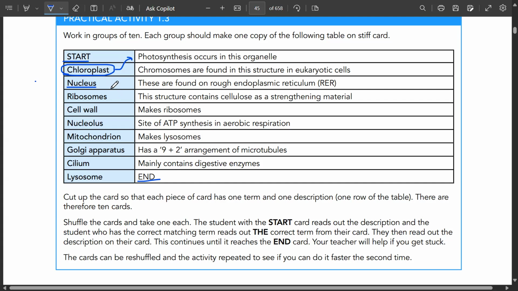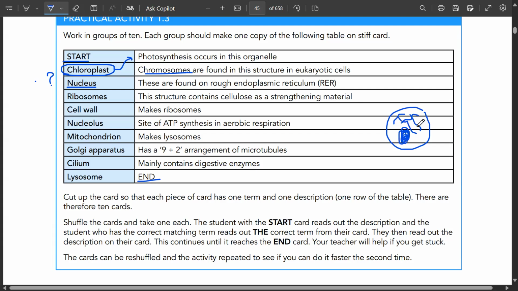Make ribosome. No. Nucleus. What is nucleus? It controls cell activity. Chromosomes are found in the nucleus.